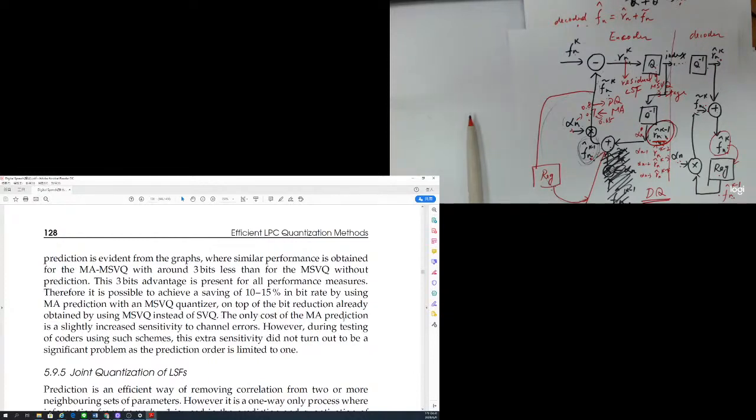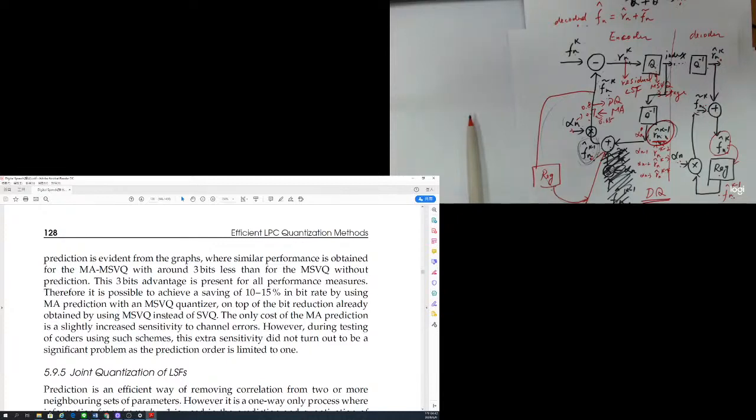The only cost is that moving average prediction slightly increases sensitivity to the channel error. But right now we consider moving average, so the error propagation only affects neighboring predictions, depending on how many orders you use in the prediction.